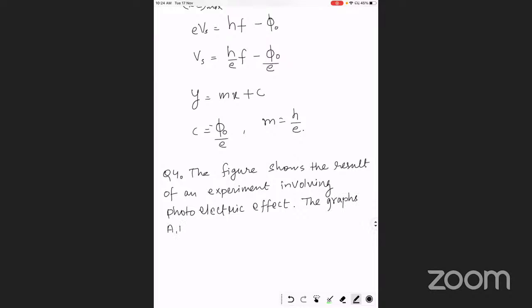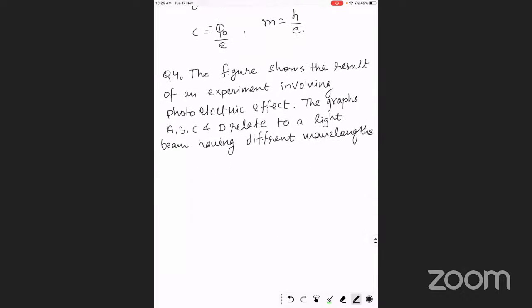The graphs A, B, C, and D relate to a light beam having different wavelengths. Select the correct alternatives.